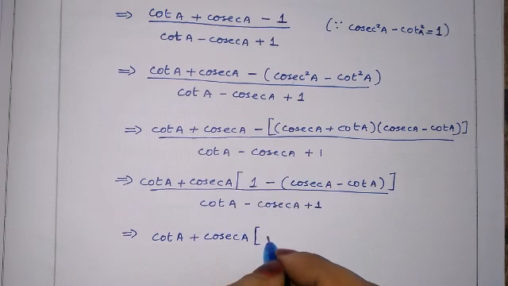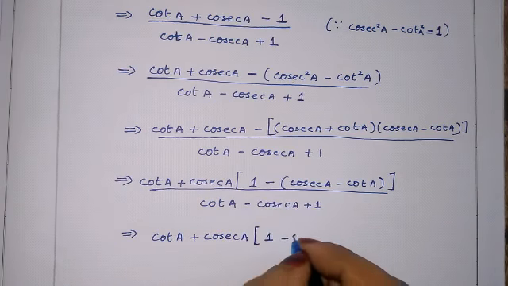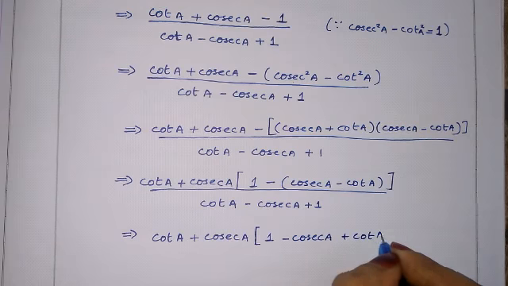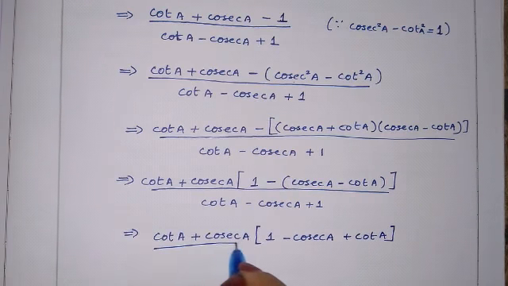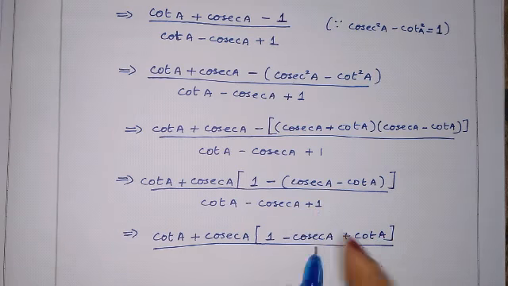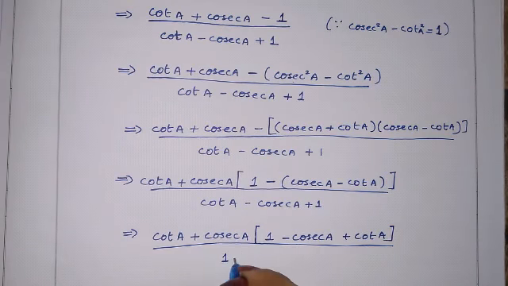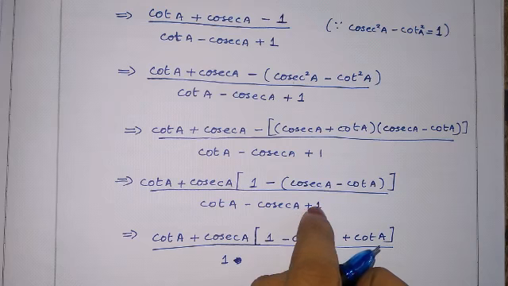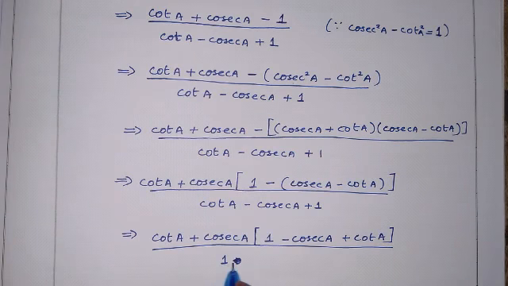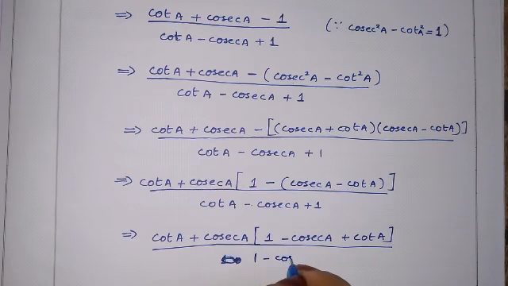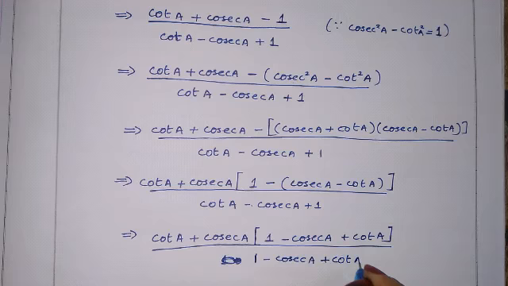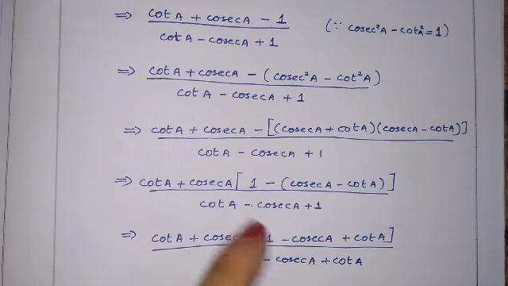Here I am removing the bracket: minus times plus minus cosec A, minus times plus cot A. Now in the denominator I will write 1 plus, as it is, 1 with a positive sign, minus cosec A as it is, and cot A with plus sign as it is. I didn't do anything, I have just changed the places with their signs only.